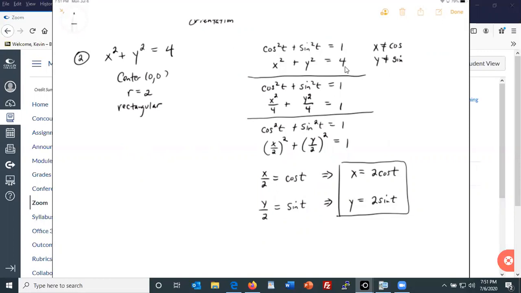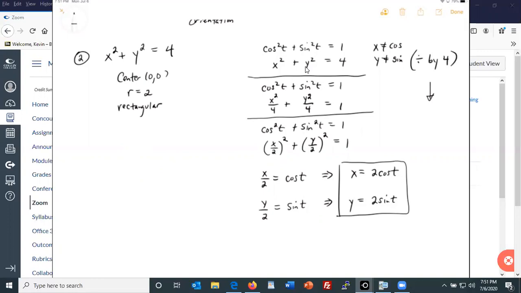So how do you get a 1 here? You divide the second equation by 4. All right, so that was my first step. I divided the second equation by 4.